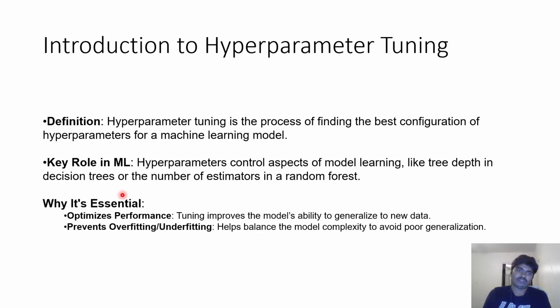It also controls aspects of the model learning, like the tree depth in a decision tree or the number of estimators in a random forest. With the help of hyperparameter tuning, performance is optimized and overfitting or underfitting can be avoided.